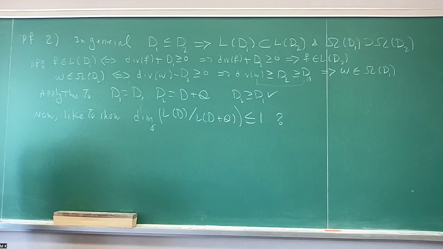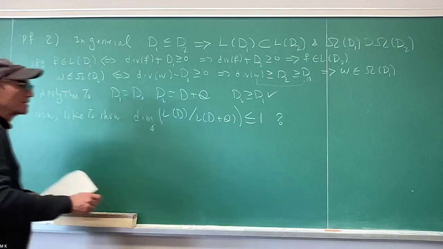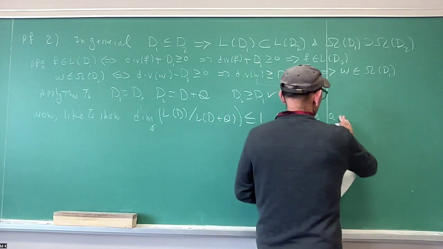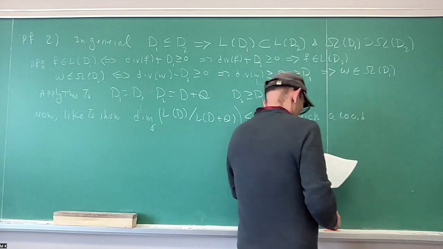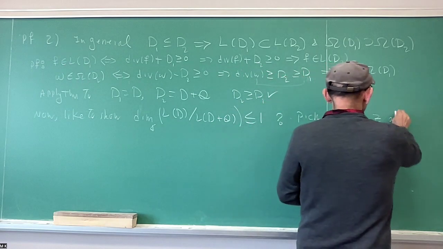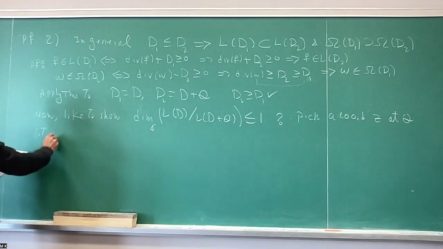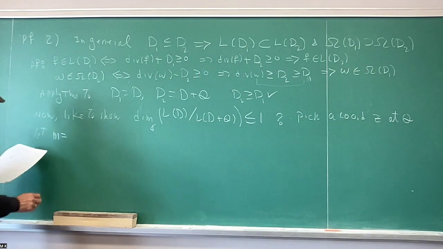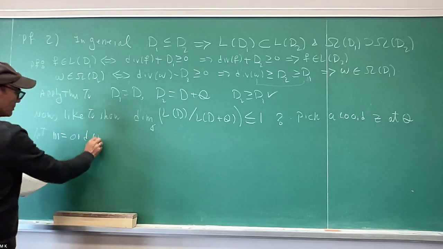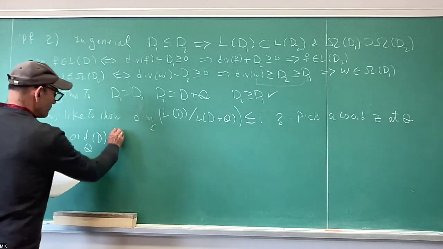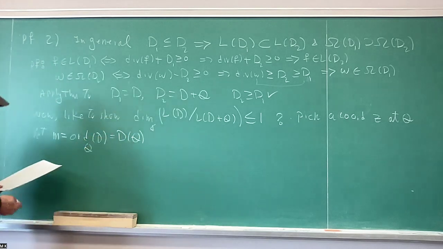To prove this, pick a local coordinate, a holomorphic coordinate z at Q. Let m be the order of D at Q, which by definition is D of Q. These are different notations, but the same.